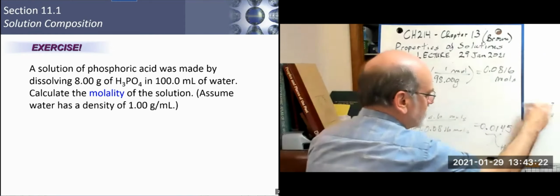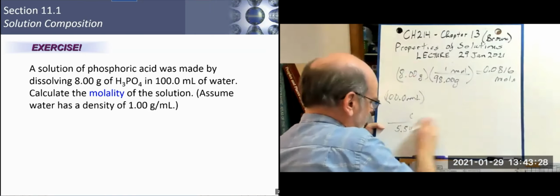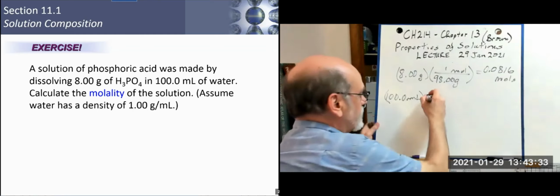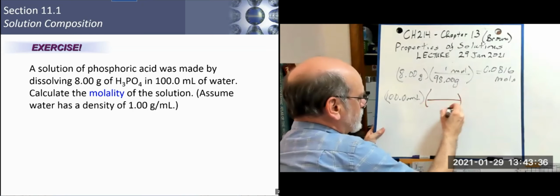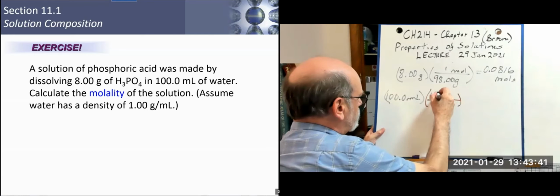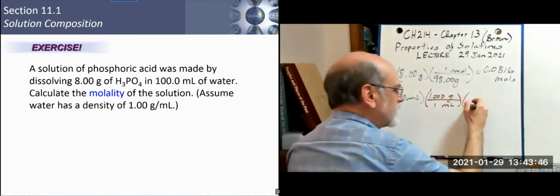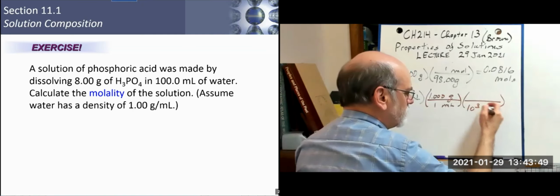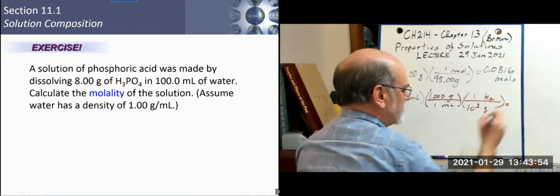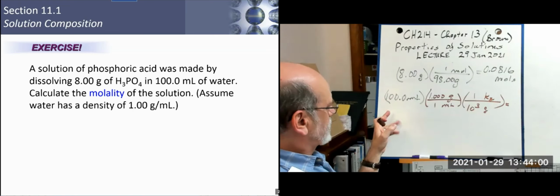So we'll erase this stuff. So let's convert 100 milliliters to kilograms, right? So that's grams. Now we need kilograms. Okay, so we just need to say that's 100 grams.